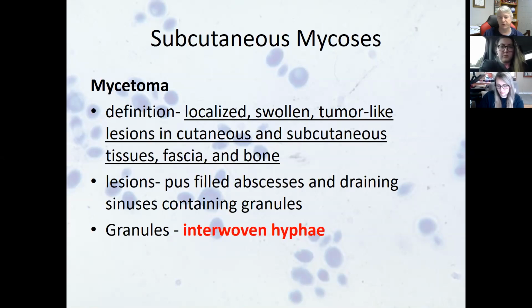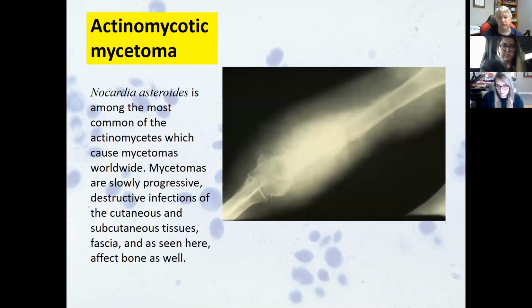The lesions are pus-filled abscesses, draining sinuses containing granules, and the granules that you see are interwoven hyphae. So this would be the actinomycotic mycetoma caused by Nocardia asteroides, infecting the bone, moving into a subcutaneous, tumor-like lesion, and moving its way in, if you can recognize x-rays.